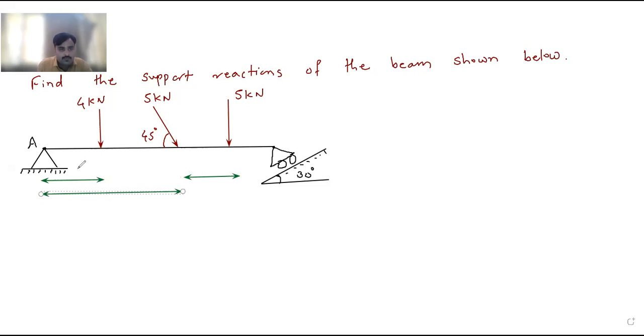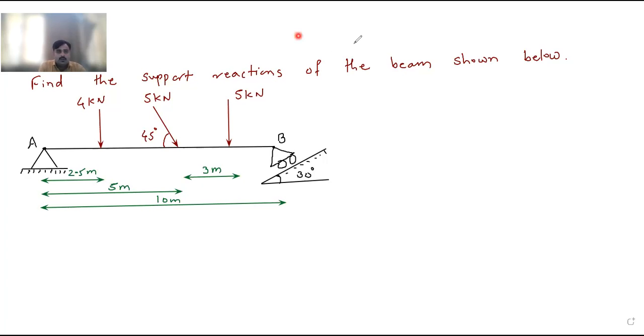So I will write now: this is 2.5 meter, this is 5 meter, this is 3 meter. And the total span up to this point B is 10 meter. Let us call this point as point B.